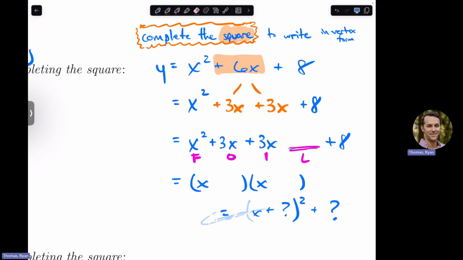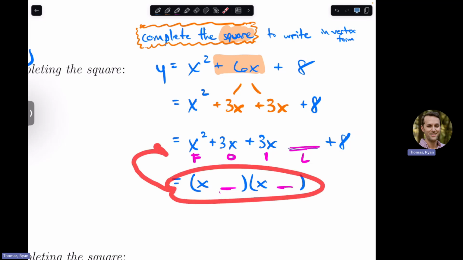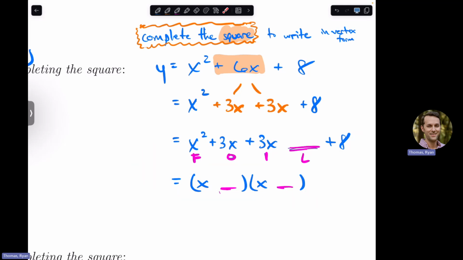To expand this and get that, it'd have to be x plus 3, right? X plus 3 times x plus 3. So the first part of the product, x squared plus 3x plus 3x. What would this be? 3 times 3, so 9.